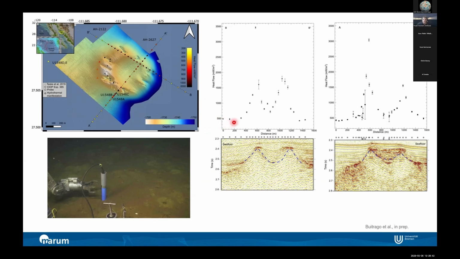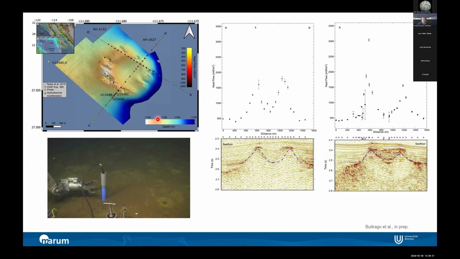Once we approach the rim structure, heat flow increases sharply to a peak of around 3.5 watts per meter square, so 3,500 milliwatts per meter square, on the rim of this feature. In the central part it's around 1,800, and again, if you approach the other part of the rim structure, it increases again. The same picture is seen for the other perpendicular profile across the structure.